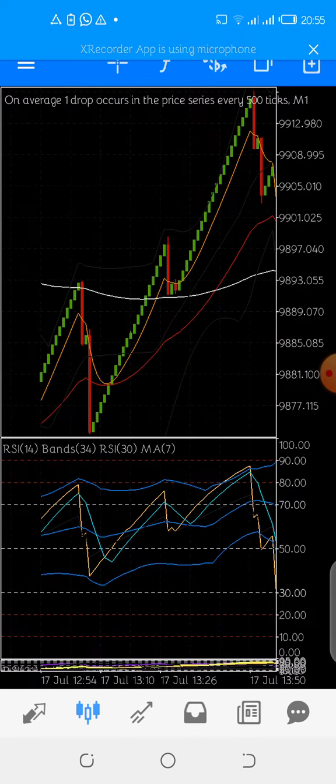And you see also from this point here, the golden line, which is the RSI 14, crossed the middle Bollinger Band or the market baseline. And that was officially crossing from the seller's area to the buyer's area. And a few pips later, it reached the 50 line.